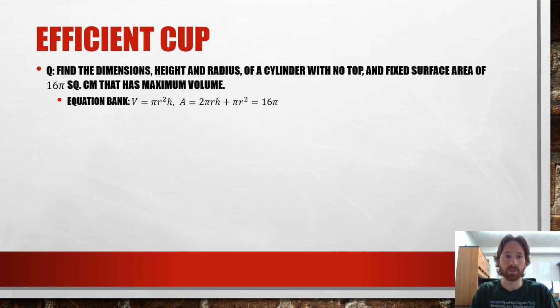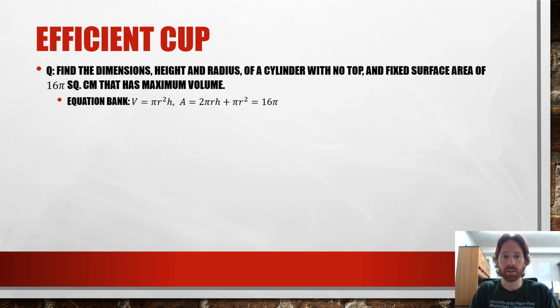Okay, so we'll start by writing down some equations to relate the variables. And I'm not going to explicitly define the variables. I think that because they're kind of typical variables, we can understand the meaning from the equation. So volume equals pi r squared h. That's the equation for volume of a cylinder.